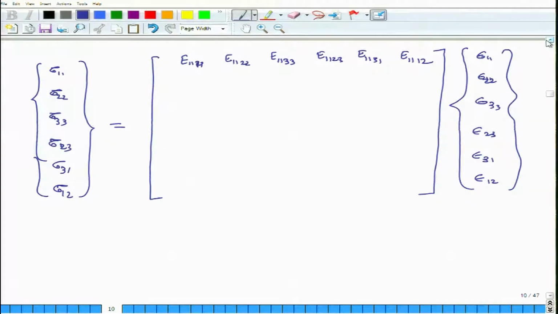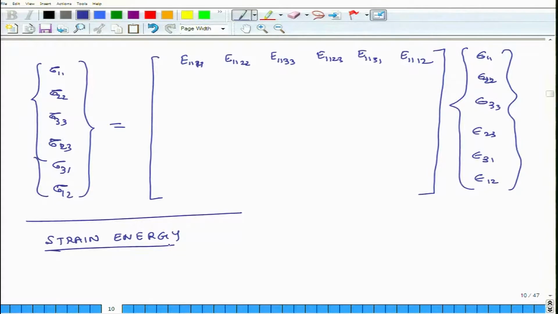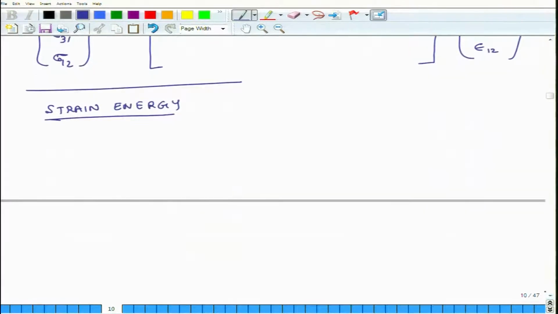Next, we will see what other simplifications we can make. Here we talk about strain energy considerations. I will not go into a very rigorous mathematical proof, but I will give you an idea of what we are trying to do.